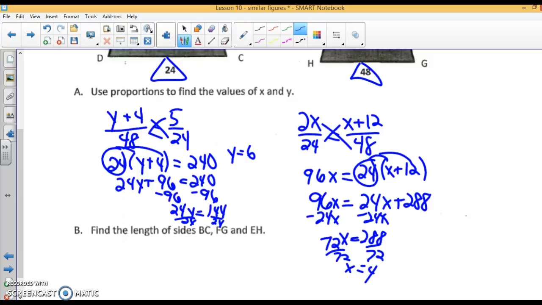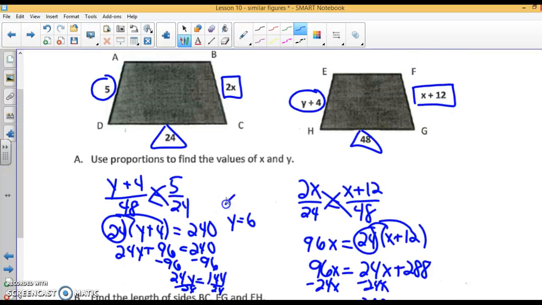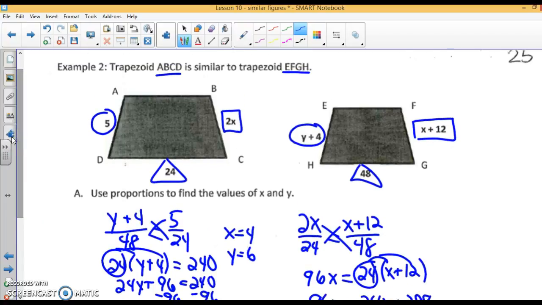Now, once we've done that, part B is asking us to find the length of the sides. So I'm going to write here, x is 4. Let's go back and look at our diagram. The length of side BC is 2x. Well, x is 4, so 2 times 4 is 8.